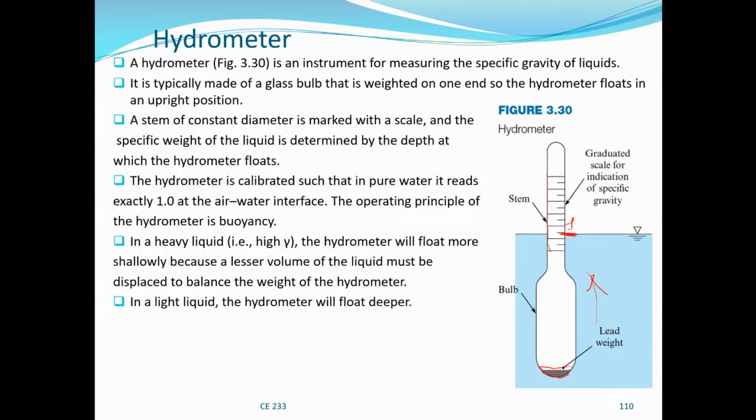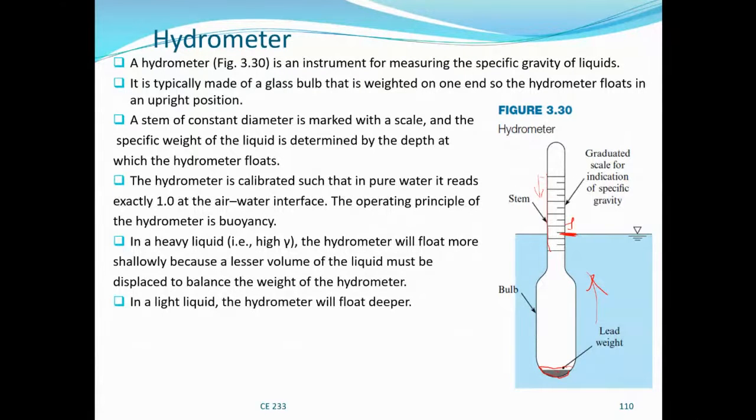It is going to float more shallowly, and the relative density reading is going to increase because the value increases downward. The hydrometer floats more shallowly because a lesser volume of the liquid must be displaced to balance the weight of the hydrometer.